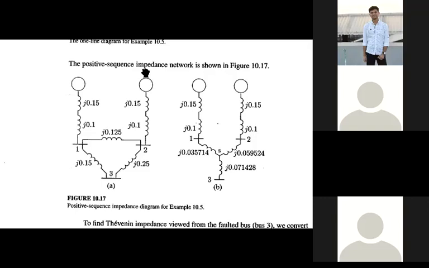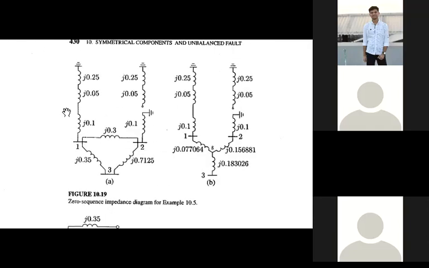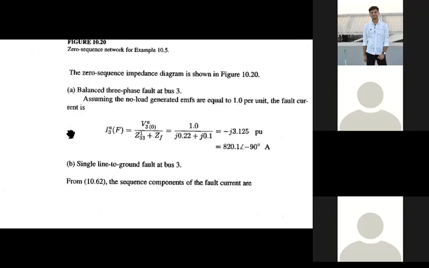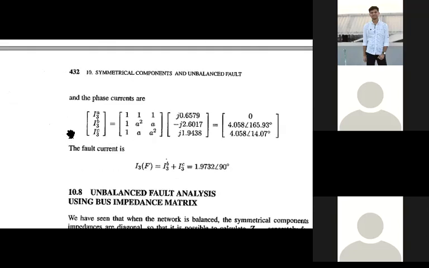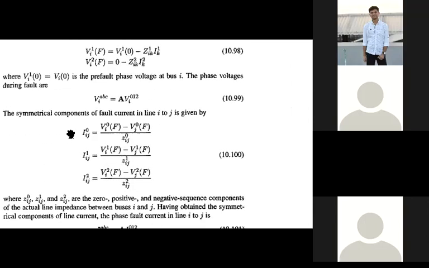That means that will be Z bus 1. Likewise, you can generate Z bus 0 from this diagram. When you generate your Z bus 0, the result is given now. Z bus 1 and 2 are actually the same. That's why you don't need to find it repeatedly. You can reuse that information.